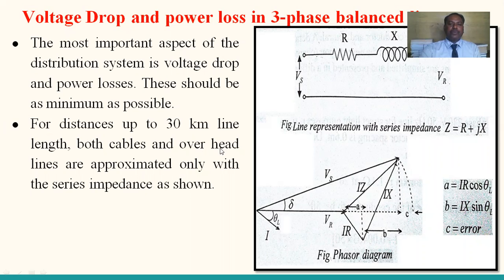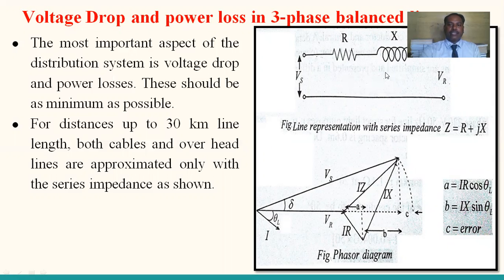For distances up to 30 kilometers line length, both cables and overhead lines are approximated only with the series impedance as shown. So if the distance is 30 kilometers, either cable or overhead lines are approximated with only series impedance.